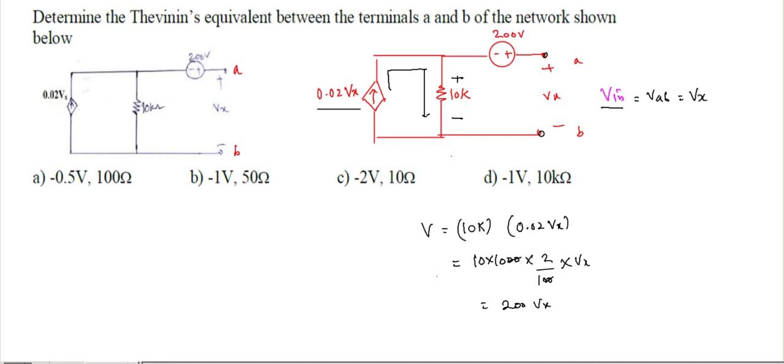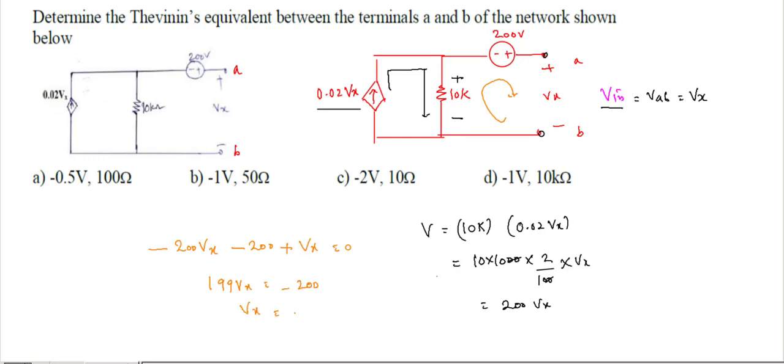So if you apply KVL here, minus 200 Vx minus 200 plus Vx equal to 0, that equal to 199 Vx equal to minus 200.